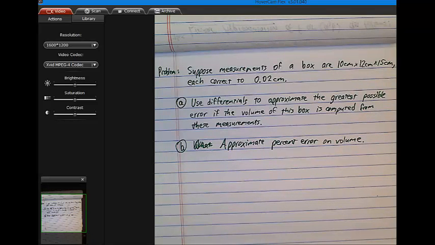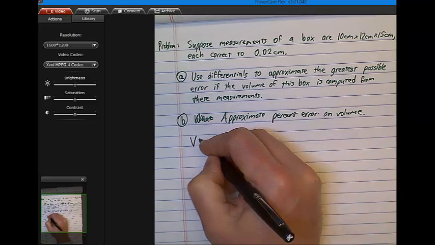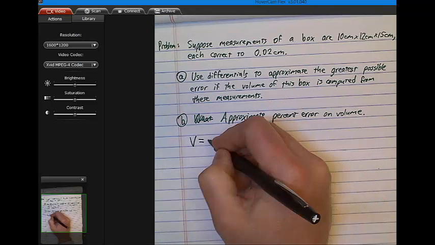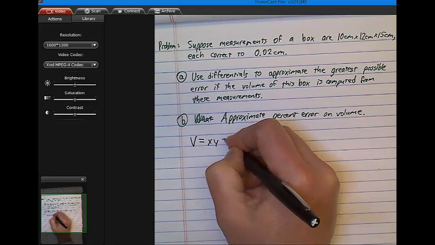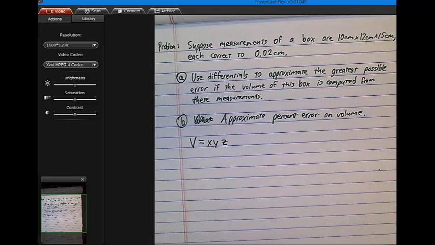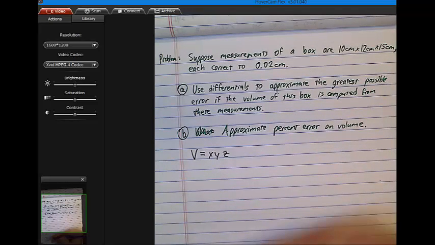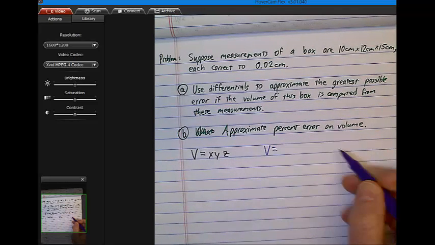So, in some ways this is an easy example again, because everyone knows the volume of a box is given by what? Sure, so it'd be x, y, z for our problem, right? You give this to any third grader and they're going to say, well, I can compute the volume, right?